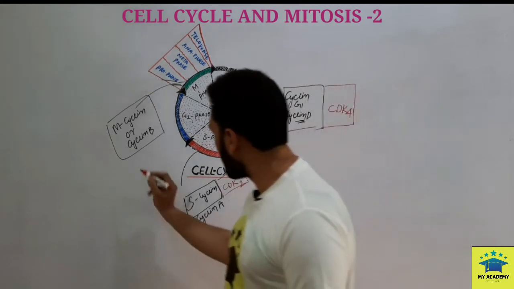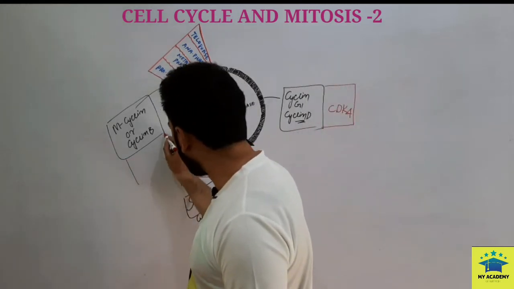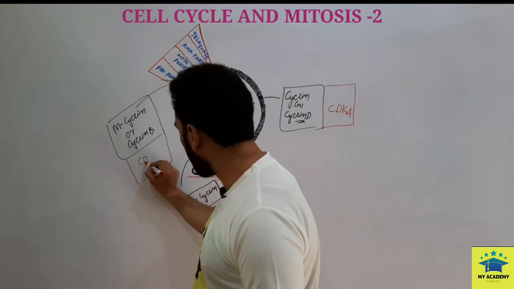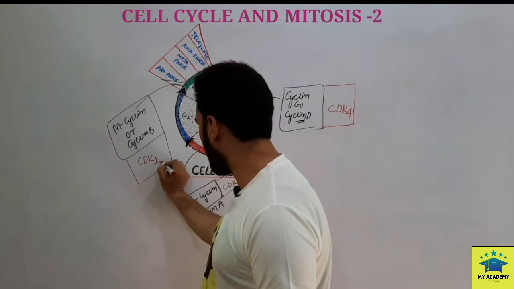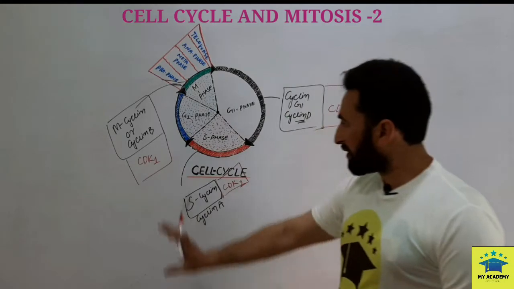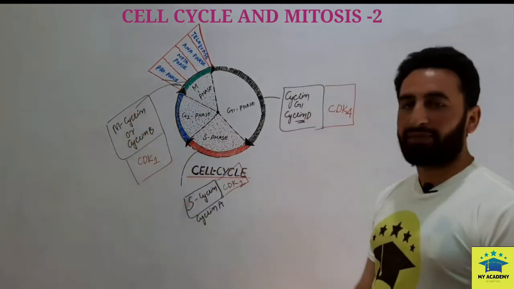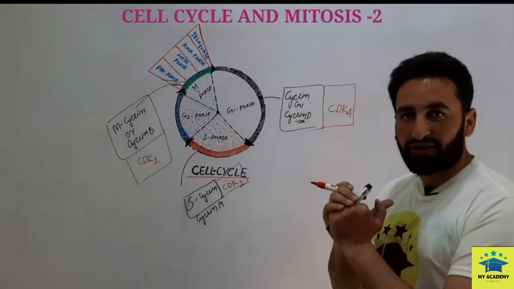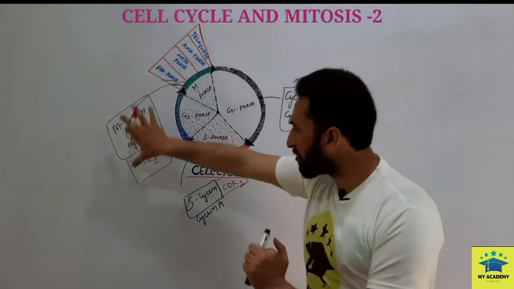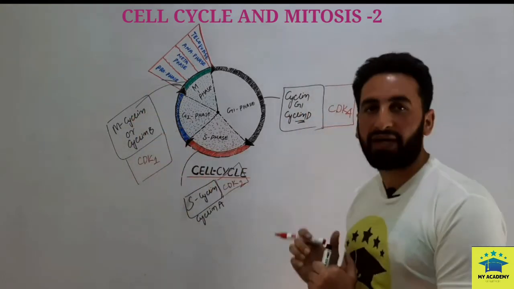And for M cyclin, we have CDK1. So these cyclins and cyclin dependent kinases associate with each other to form a complex, a dimer.